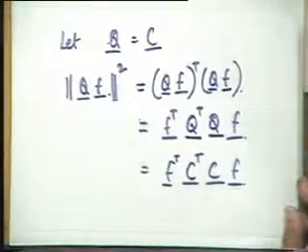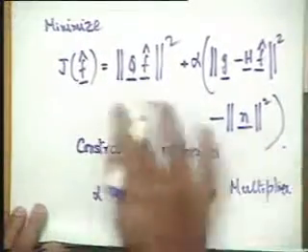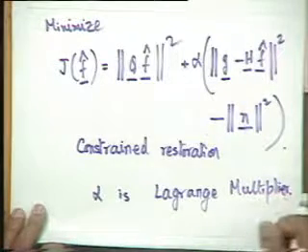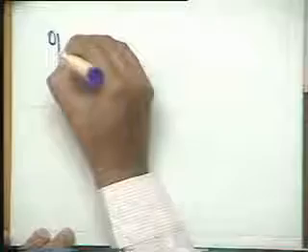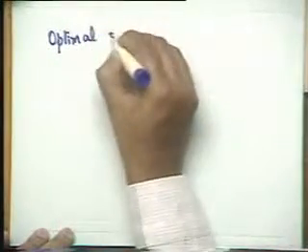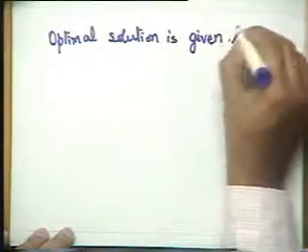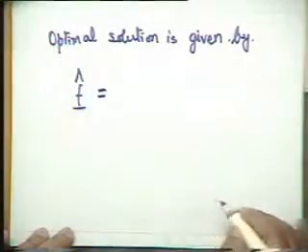Now what is the nature of the optimal solution for the constrained restoration? Try to recollect. Whatever optimal solution we had got yesterday, there we will be substituting Q equal to C. So the optimal solution is given by, please look at it, F hat equals to what?